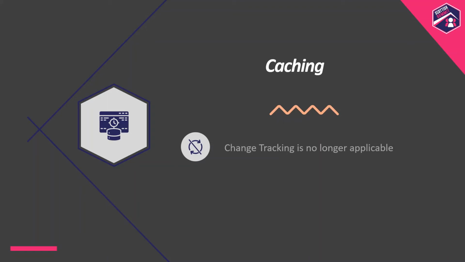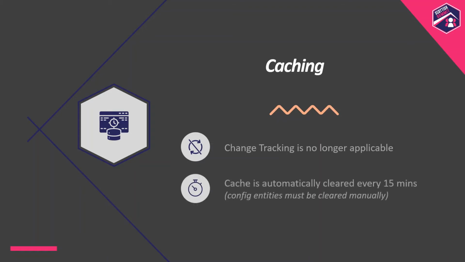That's gone. So if you see a reference for that, you can just ignore it. What really matters about the caching is that the cache is cleared every 15 minutes for your data. For the configuration entities, you will need to clear those manually, but for your data itself, it is cleared every 15 minutes. And that should be enough for most scenarios.